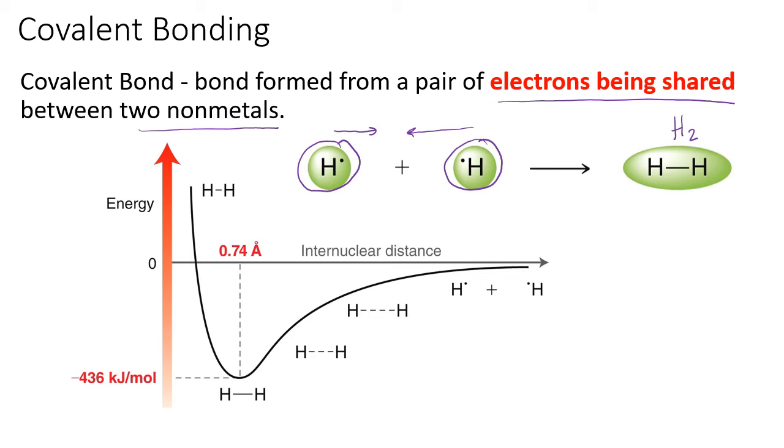There's repulsive forces between the electrons of both of them. There's repulsive forces between the nuclei of both of the hydrogen atoms, but there's attractive forces between the electron of one atom and the nuclei of another. So essentially it's a function of the internuclear distance. When they're really, really far away, there's no bond.